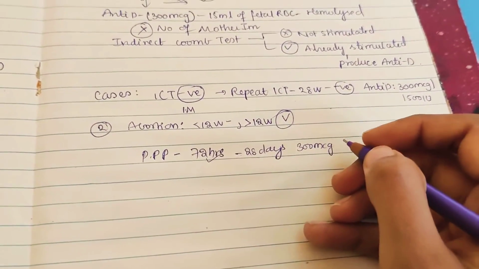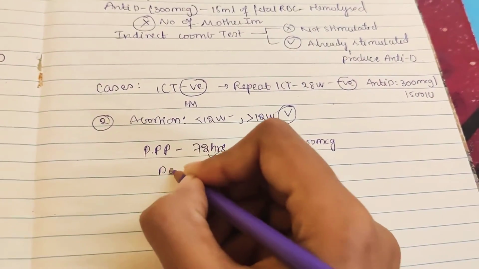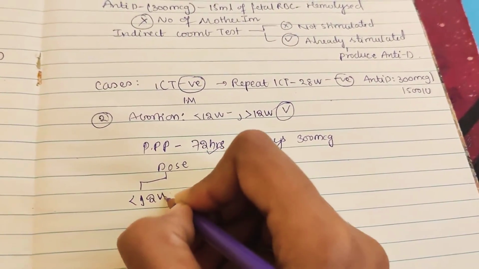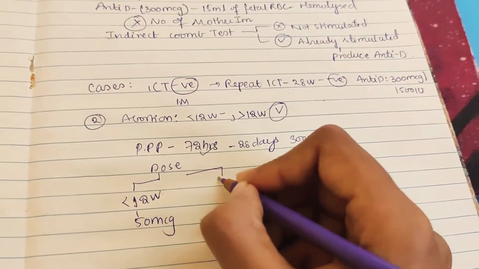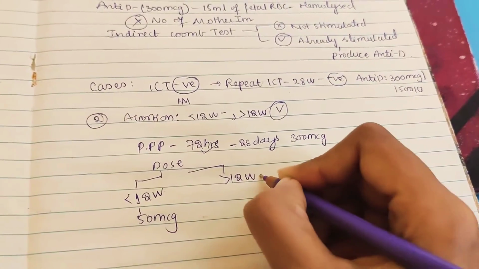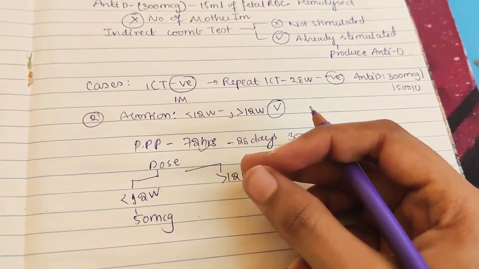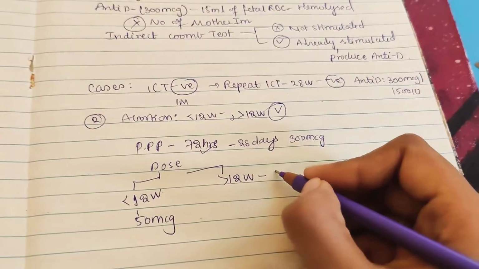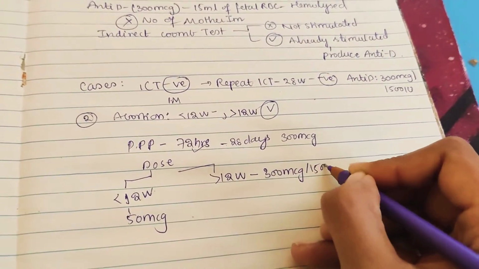The dose will depend on gestation: if it is less than 12 weeks it's better to give only 50 micrograms, and if it is greater than 12 weeks or after delivery give 300 micrograms or 1500 international units.